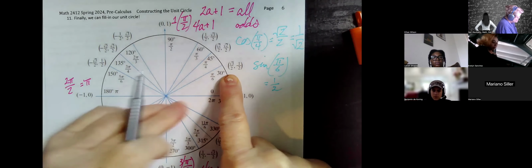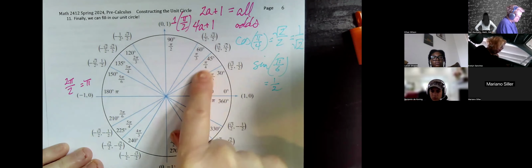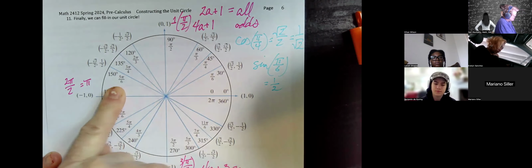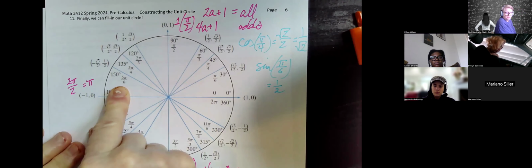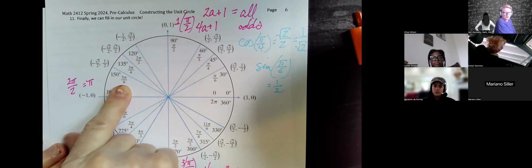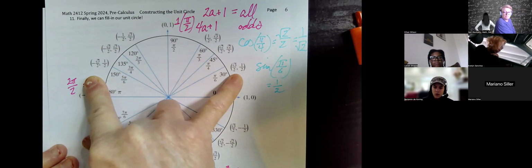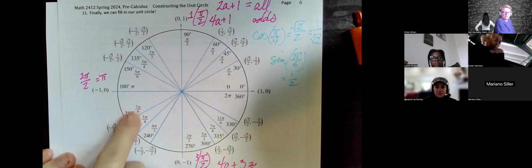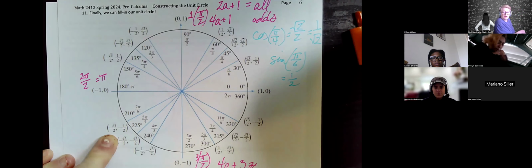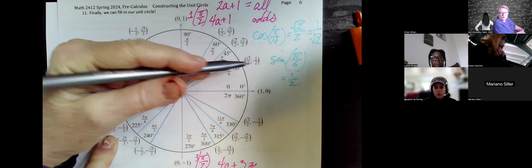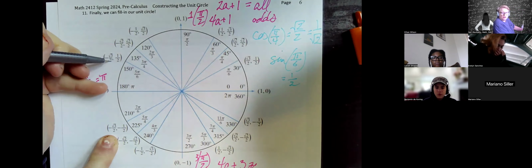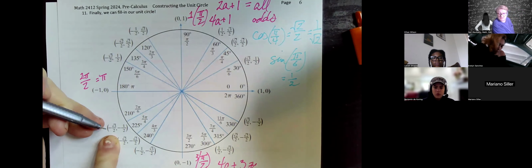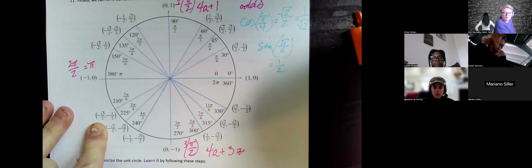Here we have square root of 3 over 2, 1/2 for pi over 6. The next time we have a 6, when it's reduced, is for 5 pi over 6, and the coordinates are the same. And then at 210 or 7 pi over 6, we have another time where we have a denominator of 6, and we also have root 3, 1/2 with the signs adjusted for the quadrant.